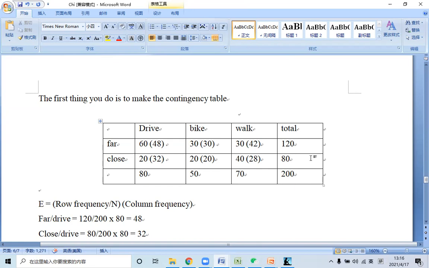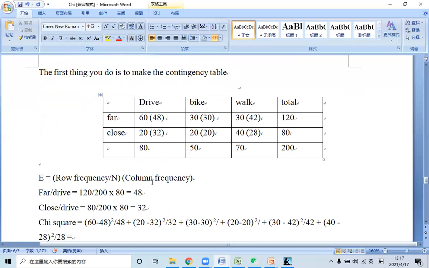Are they dependent or independent of each other? In other words, how you go to work, drive, bike, or walk, is that dependent on how far away you live from work? That is the question.